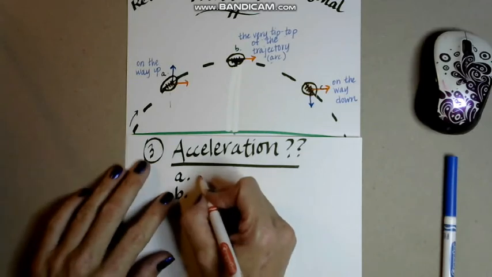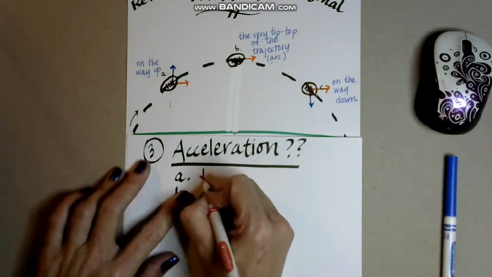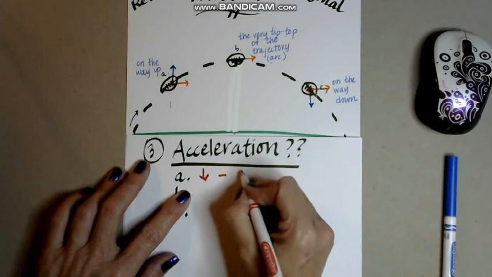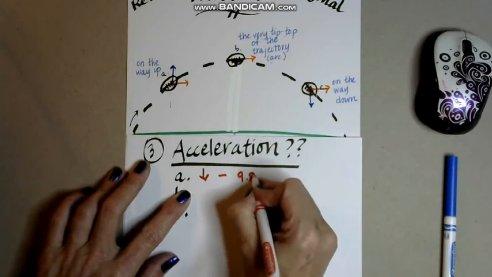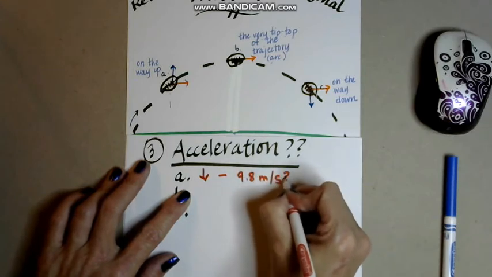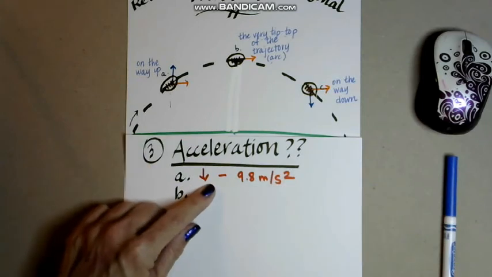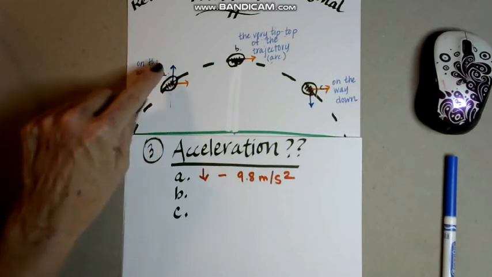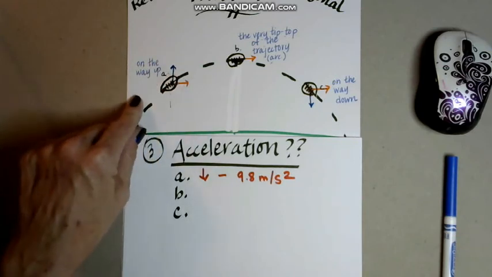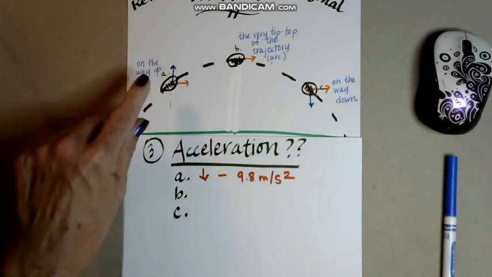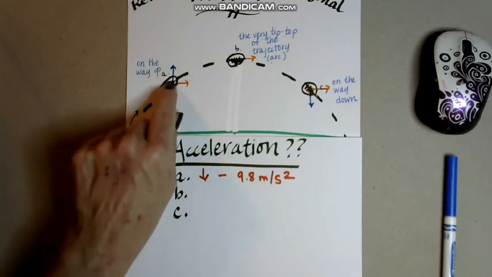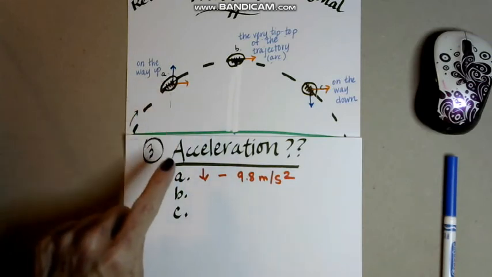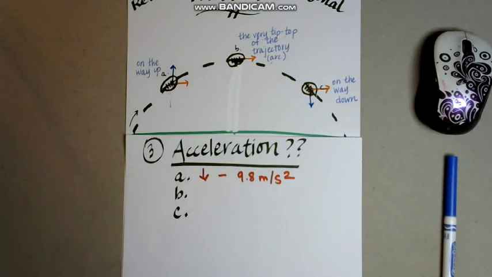That's because there is gravity pulling it down. There is no other acceleration on the football at this point. Now, these are velocity vectors, not acceleration. They're different. The only acceleration this is experiencing is g, which is 9.8 meters per second squared.